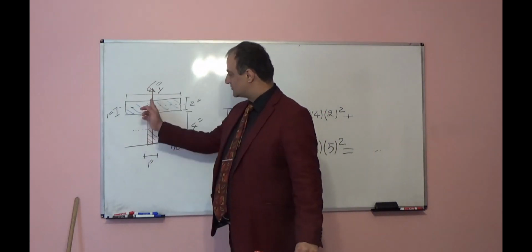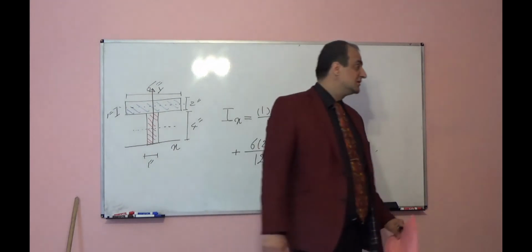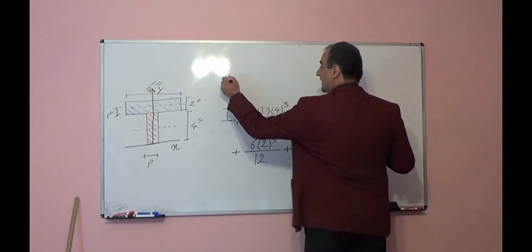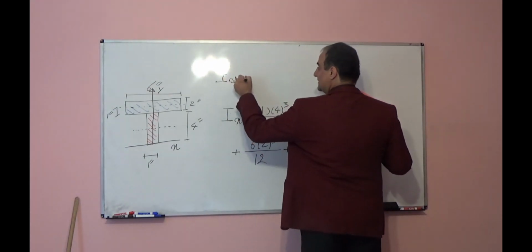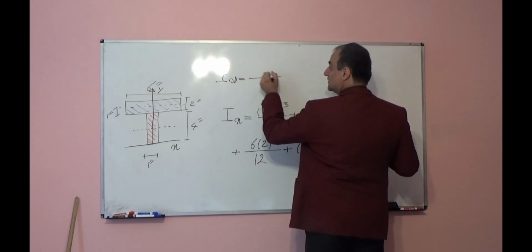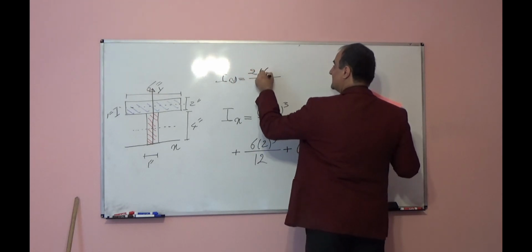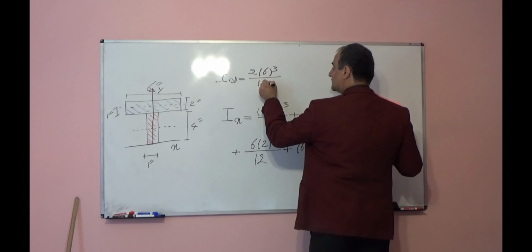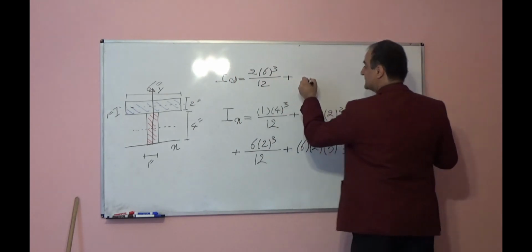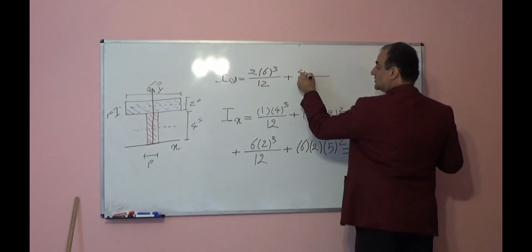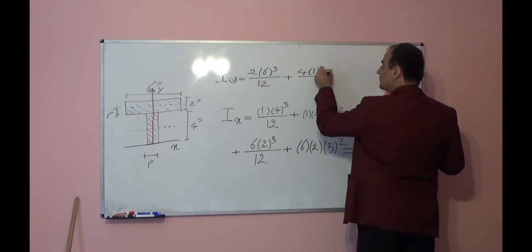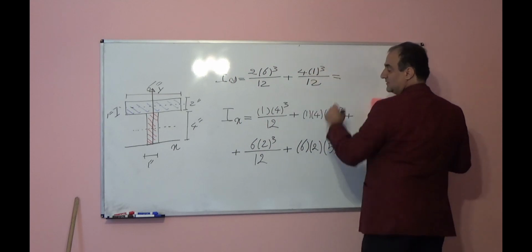But if I want to calculate Iy, and assume y is this axis, you see it is a symmetry axis and passes through the centroid of both. So this is very simple. Iy will be equal to 2 times 6 cubed over 12 plus 4 times 1 cubed over 12.